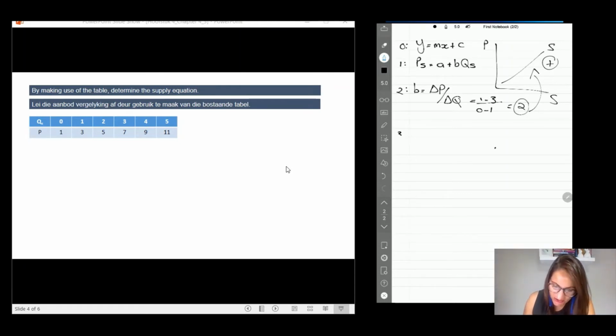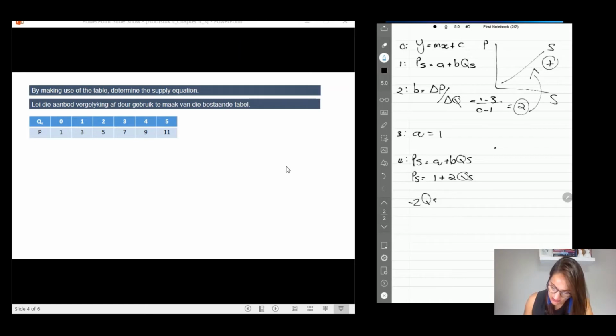Now you substitute in, or wait, first let's get our intercept. So our intercept is where your quantity supplied equals 0. So your intercept is 1. Now we can substitute everything in. So we have PS equals A plus your slope QS, where your intercept is 1, your slope is 2, and we need to get the Q's on the left hand side.